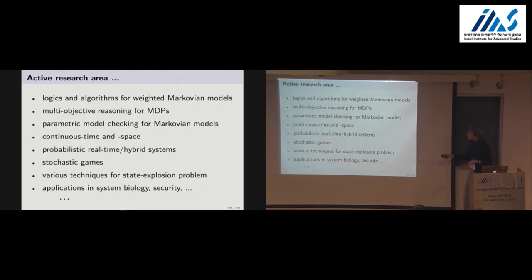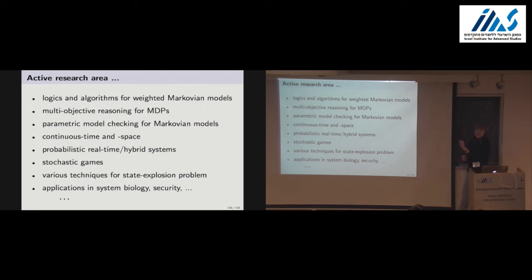Then there is a lot to say about continuous time and even continuous space, so in the direction of probabilistic real-time or stochastic hybrid systems. There is a lot of research on stochastic games. An MDP can be considered as what is sometimes called a 1.5 player game.